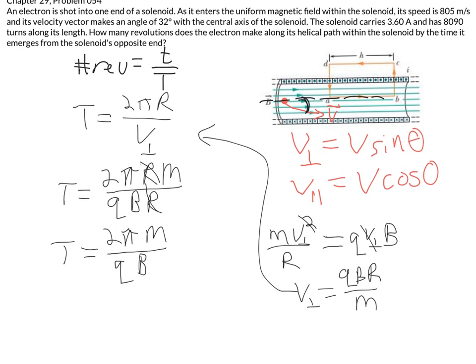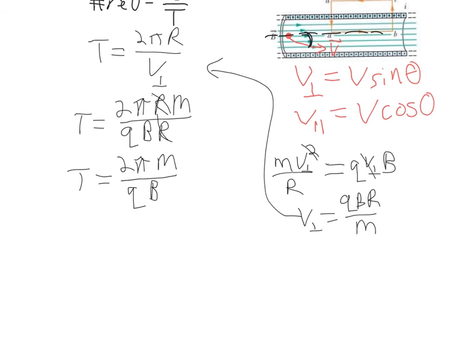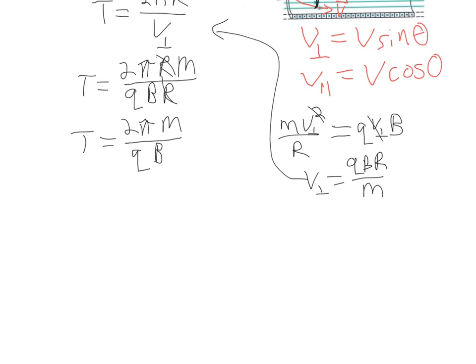So I'm going to scroll down here a little bit. The question is, what is the magnitude of that B field? I'm going to change colors to make this easier.